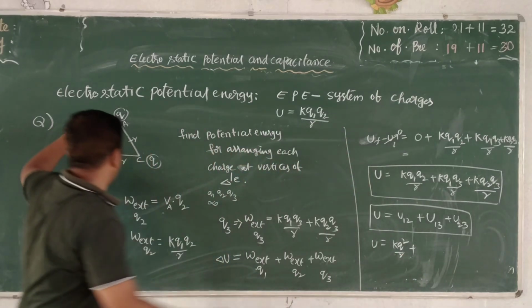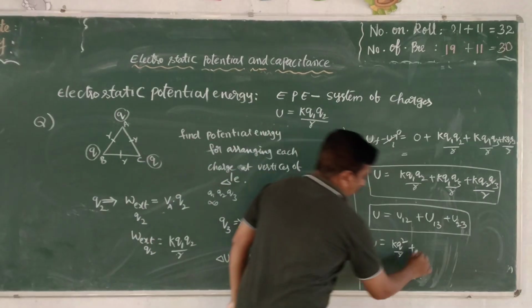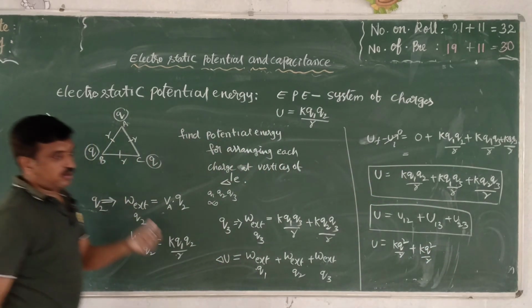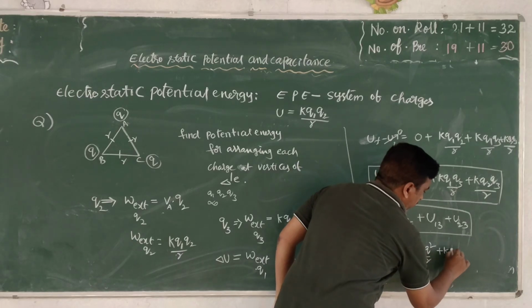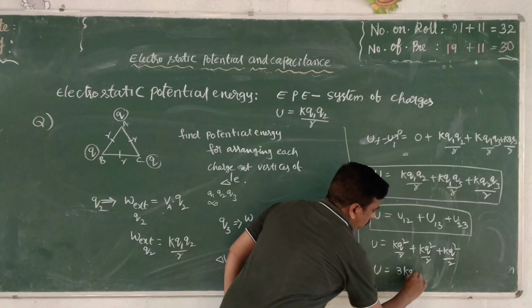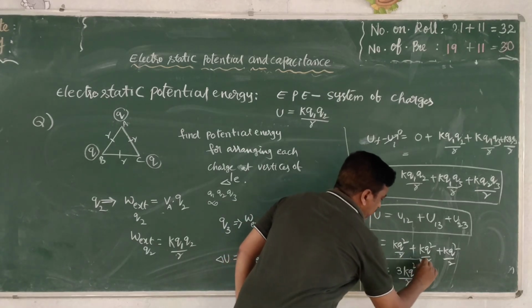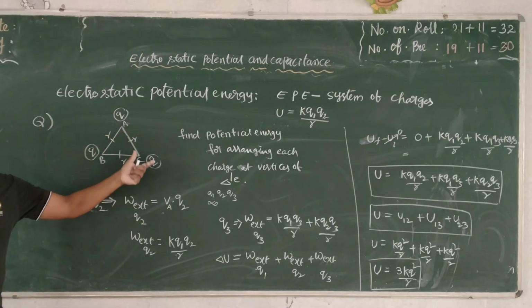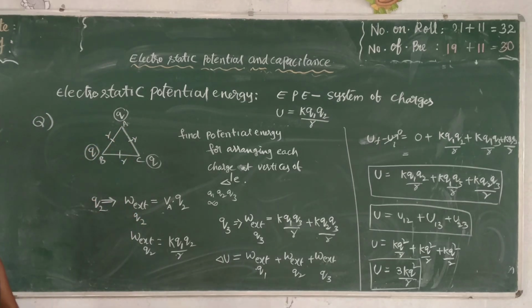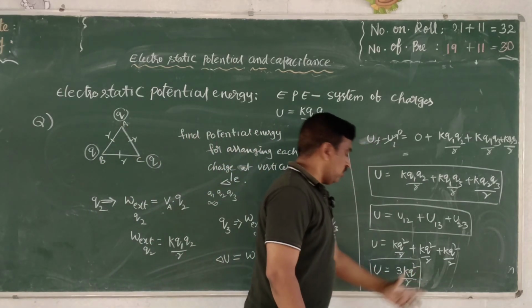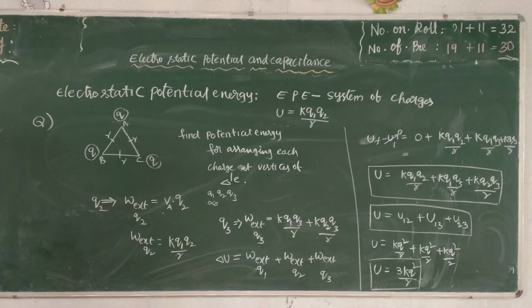Plus U13, K Q square by R. Here also the same, because the charges have the same magnitude, K Q square by R. So we can write U equal to 3K Q square by R. It is the potential energy for arranging charges at the vertices of an equilateral triangle. Yes? 3K Q square by R.